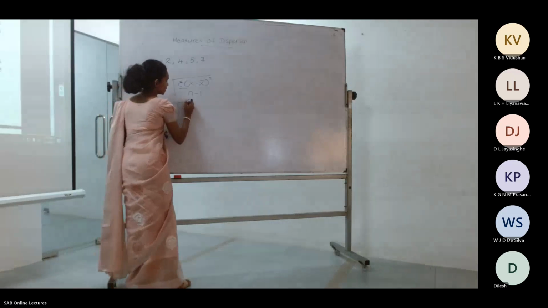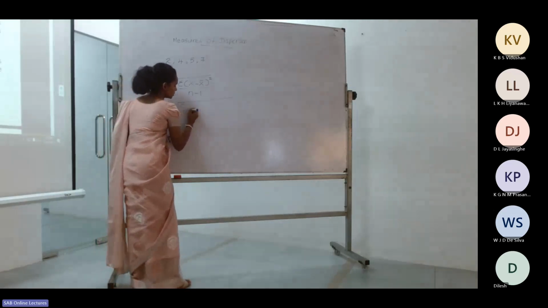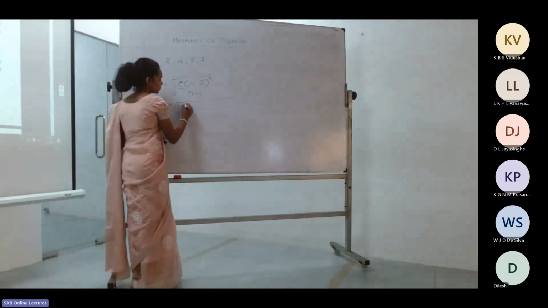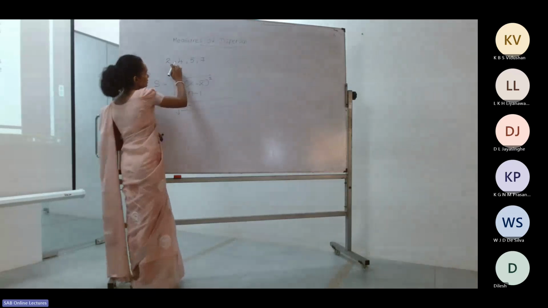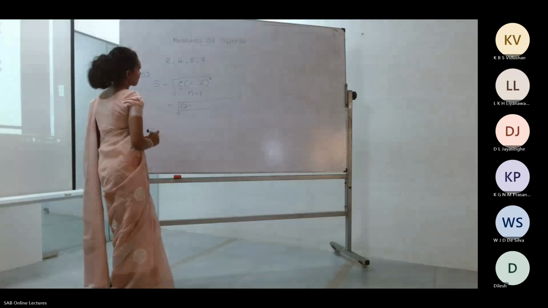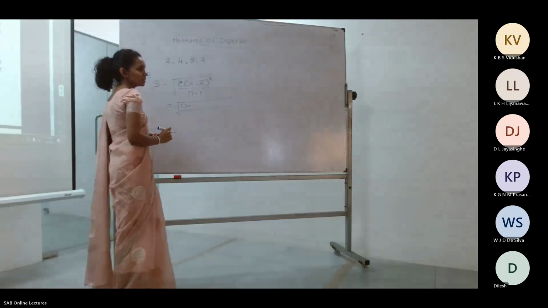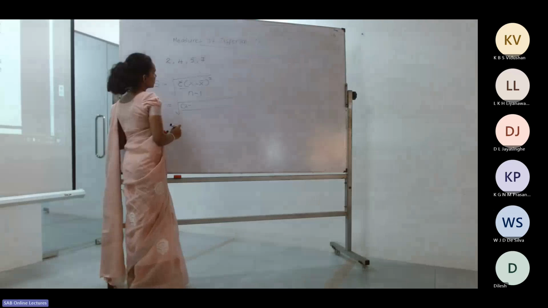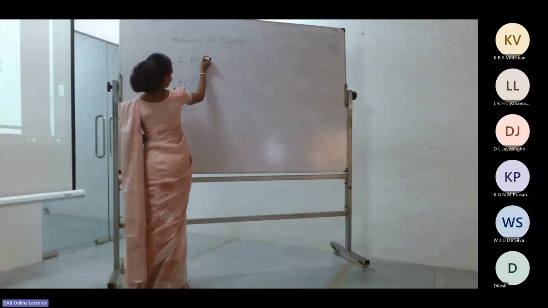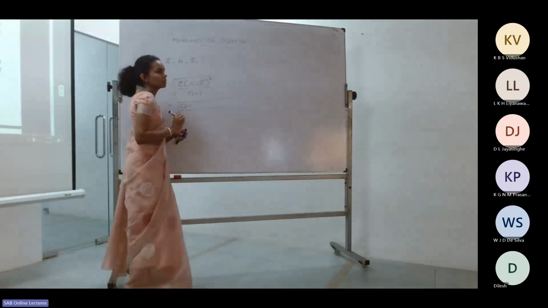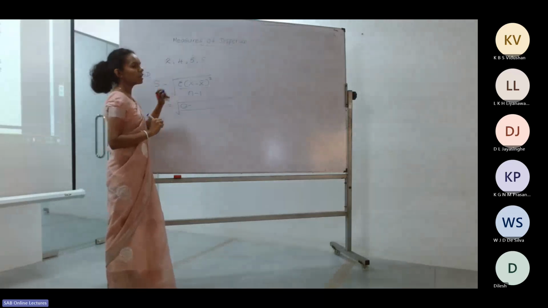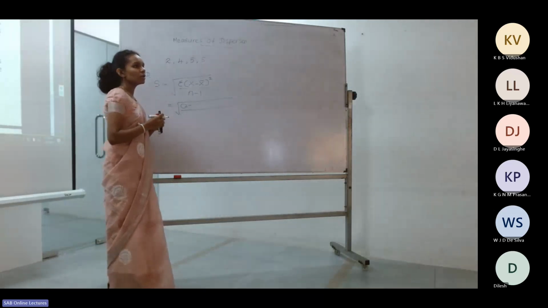Then we calculate. First, we take x minus x bar, squared. The first x value is 2 minus, tell me what the mean value is. 2 plus 4 plus 5 plus 5 is 16. 16 divided by 4, what is the answer? 4.